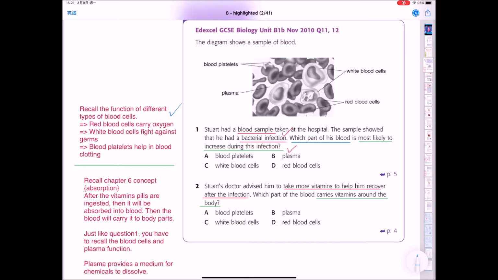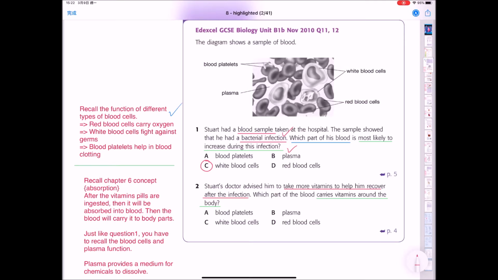We transfer the logic to here: because there are a lot of bacteria in the patient's body, there should be more white blood cells multiplying to fight against the bacteria, for example by carrying out phagocytosis. So you need to clarify the concept of the blood cell functions first.